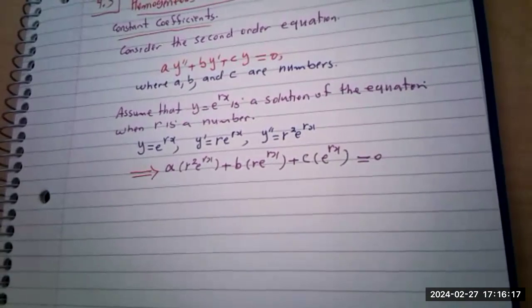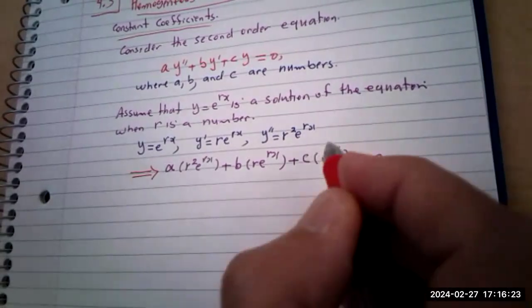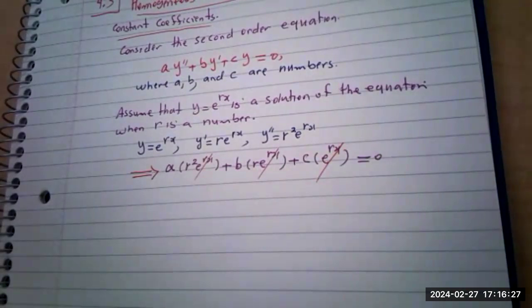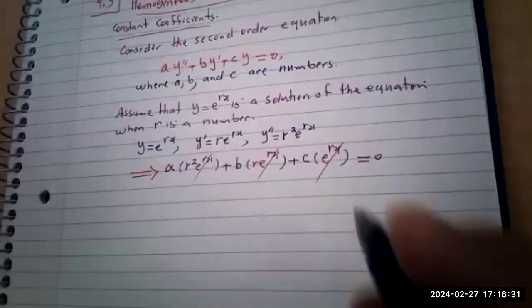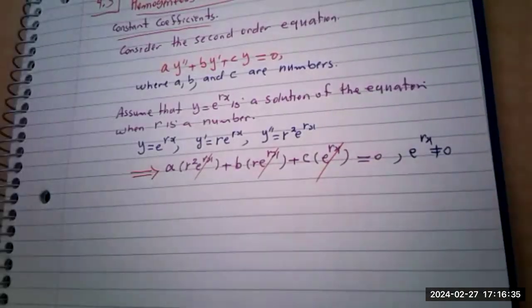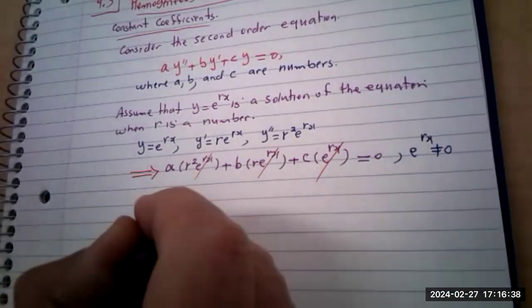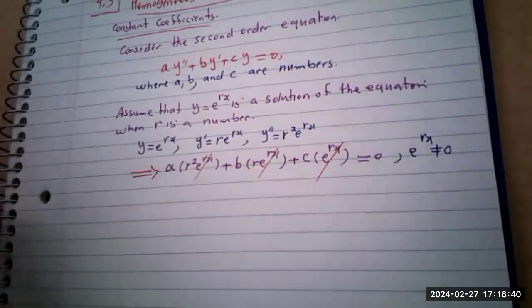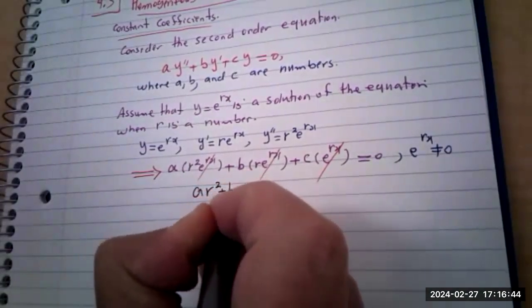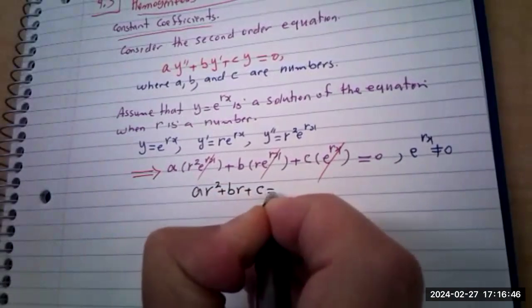Because you suppose it's a solution. You know that the exponential function is never 0, so divide by e to the rx. What is the leftover? a r squared plus b r plus c equals 0.